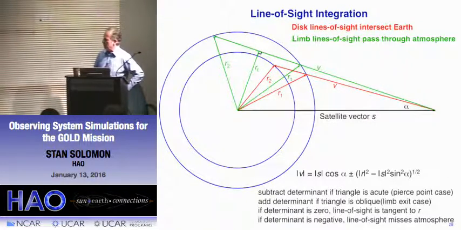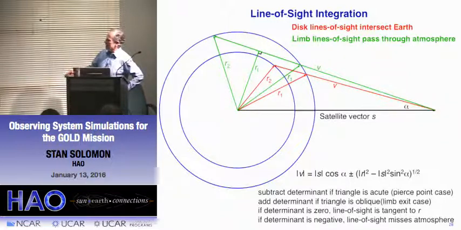Well, it turns out that if it's an acute triangle, then you subtract the determinant. That's shorter than this. If it's an oblique triangle, then you add the determinant.